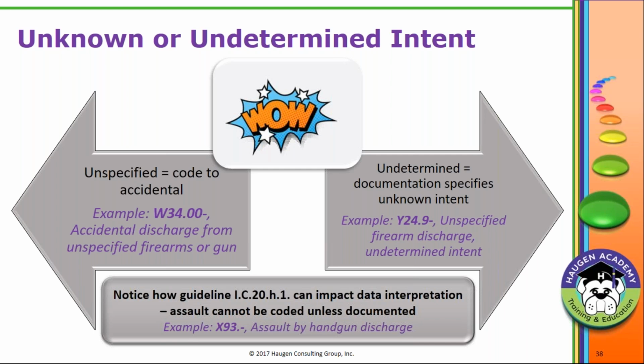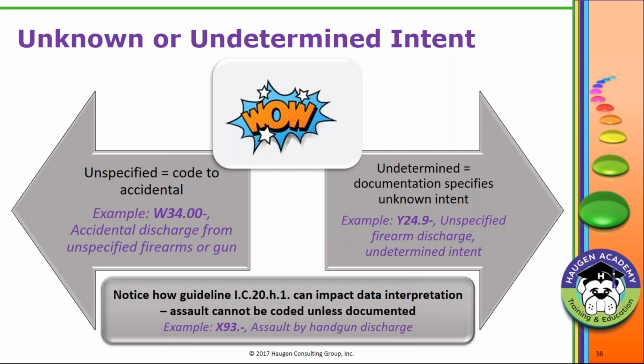That is different from undetermined, where the physician's not sure if this was intentional or if it was accidental. Maybe they think maybe the patient was trying to commit suicide, or maybe they think that the neighbor was trying to kill the patient. Then undetermined codes to Y24.9, unspecified firearm discharge, undetermined intent.